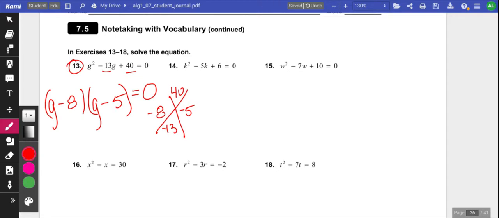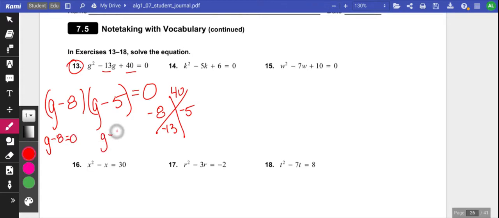This is basically where we got yesterday. We factored them into these two binomials. Now we've got to go just this one extra little teeny step and say, if I'm solving this, from last week I remember that each one of these factors has to be set equal to 0. I've got to think, what's g minus 8 equals 0 going to be?